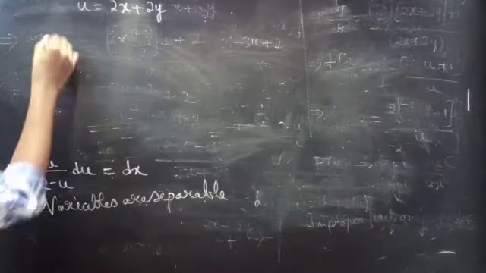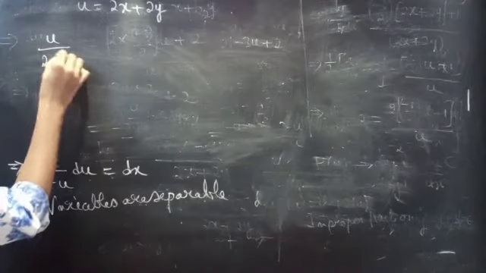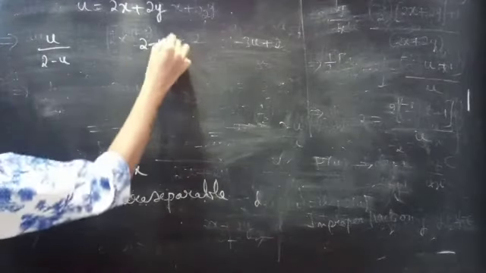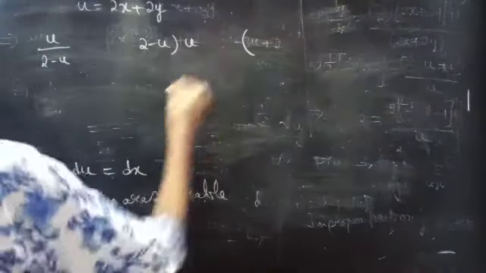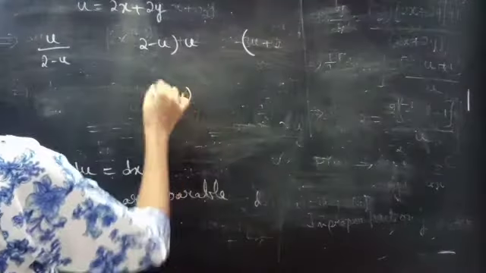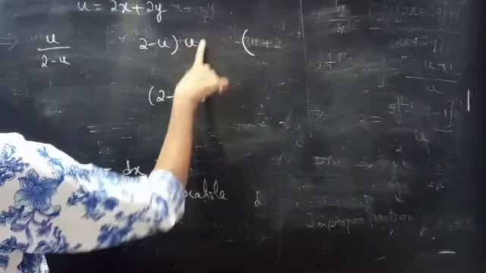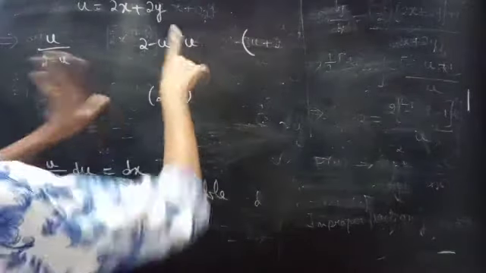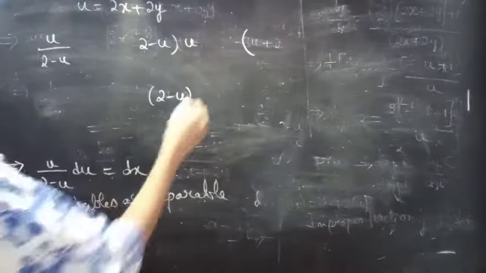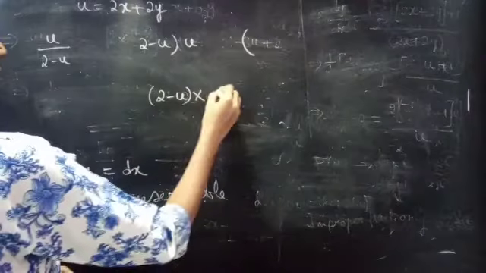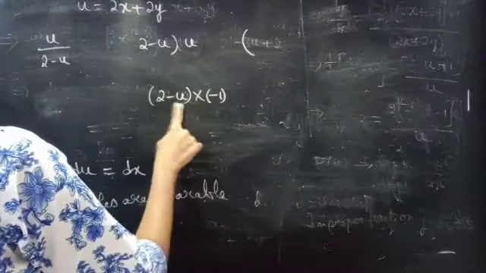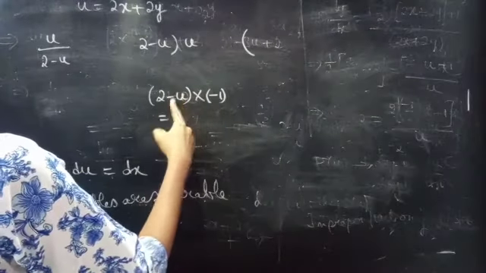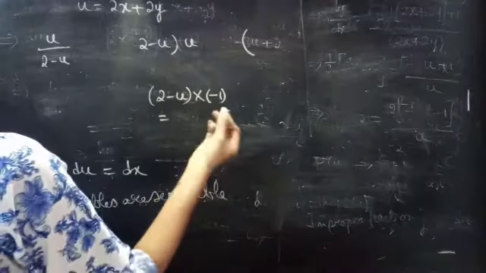So consider the fraction u by 2 minus u. 2 minus u divides u. 2 minus u into, you need plus u to be cancelled, so we'll multiply some minus 1 to this divisor, so that you'll get minus u into minus 1 is plus u.